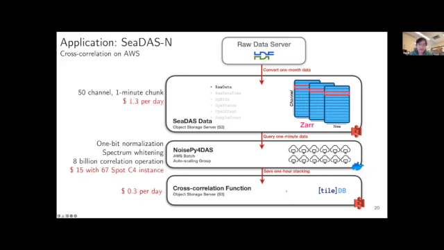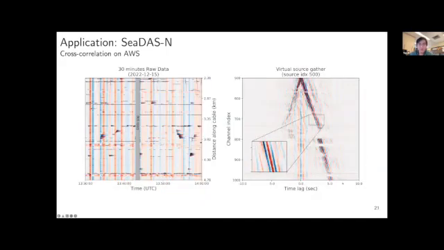The cost analysis for this cloud workflow is also pretty attractive. Hosting the data on the cloud costs about $1.3 per day on AWS. The computing costs less than $15 using spot instances. And for the cross-correlation data product, it costs less than $1 to save. You can also download it to local for analysis. So this workflow shows that our platform can make data access more efficient.